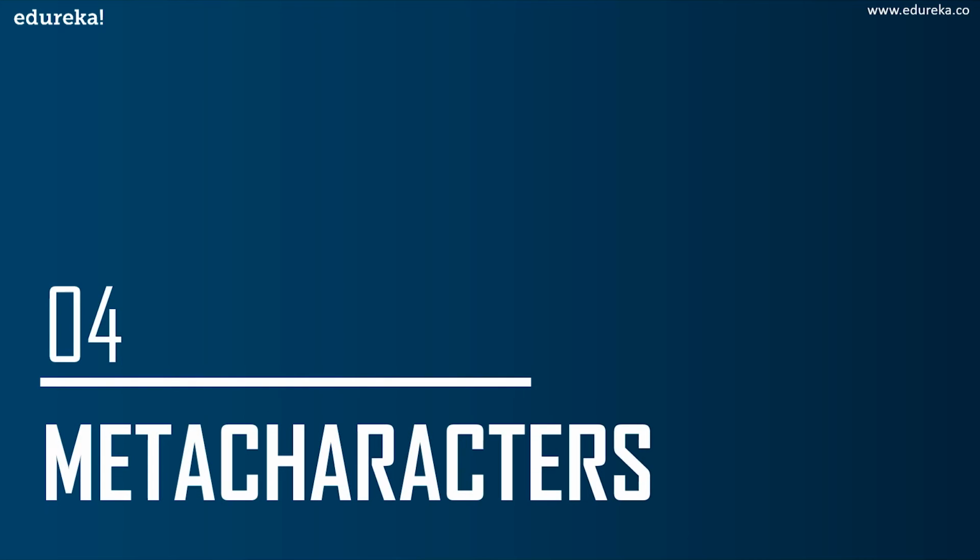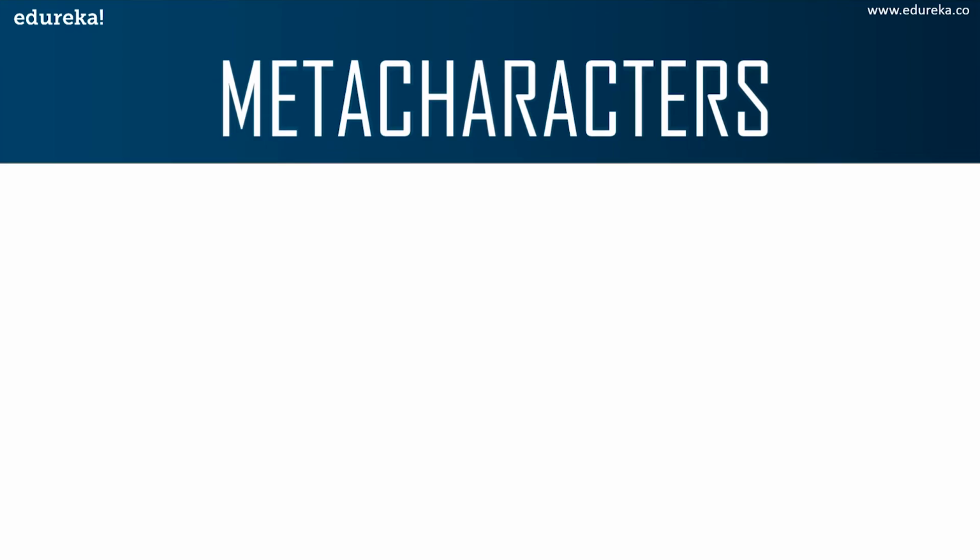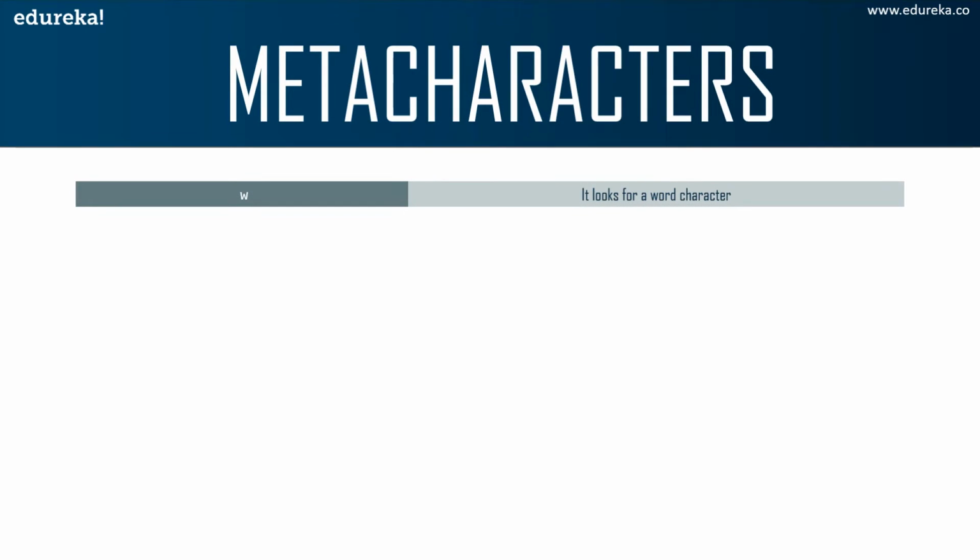Moving on, next up, we have something called MetaCharacters in JavaScript regular expressions. In MetaCharacters, you just need to use these characters or letters in order to match certain things from your string. First of all, we have \w, which looks for a word character. But there's a catch here.